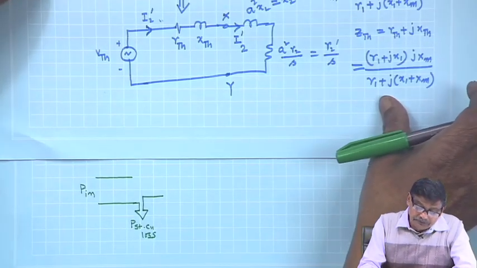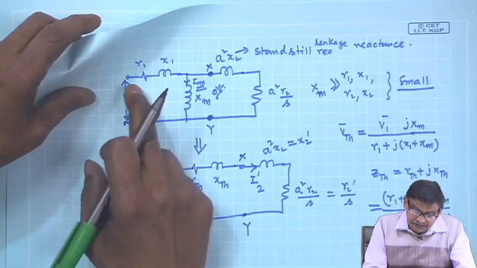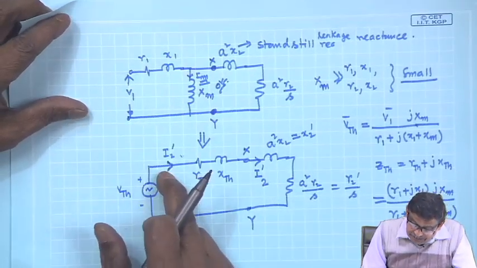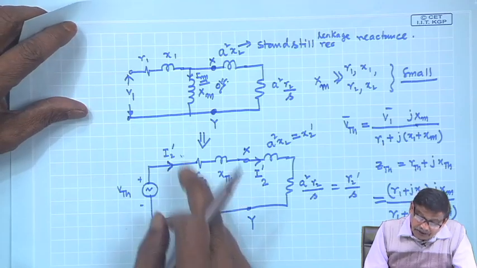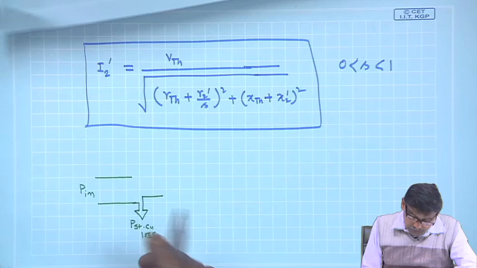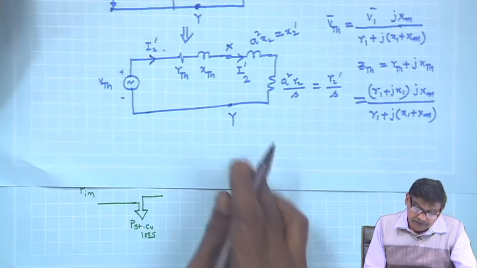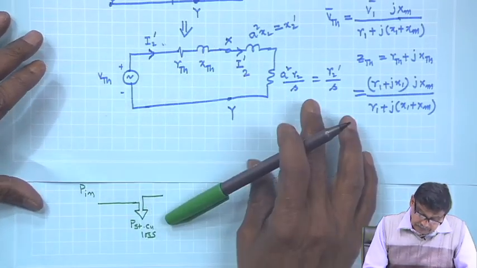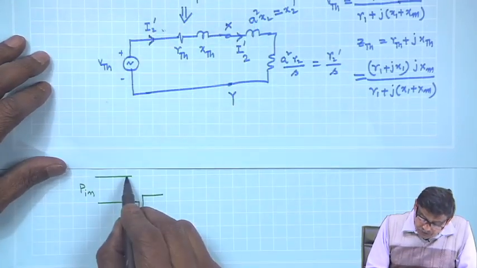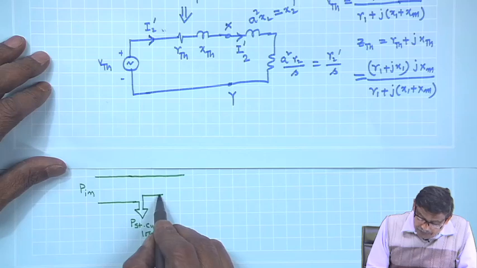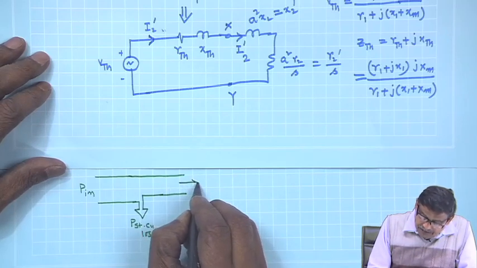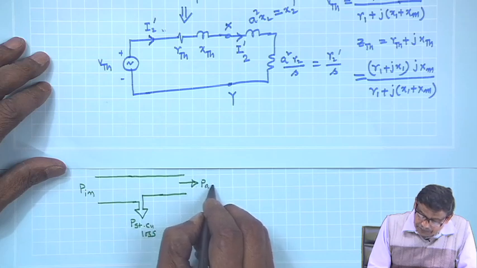Mind you, these two are Thevenin's equivalent, this current square into R 1 will be same as this current square into R Thevenin, because in this circuit the only resistance was R 1. So, this is P stator copper loss. If you subtract this power loss, there is no core loss, I have not shown any core loss here, this power, as if it is crossing the air gap, is called P air gap.